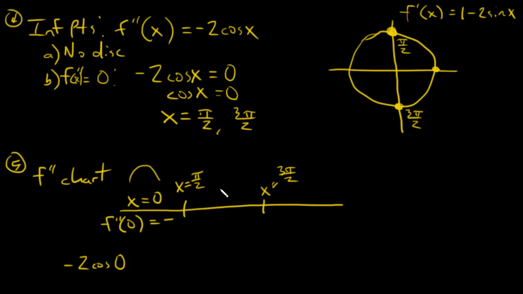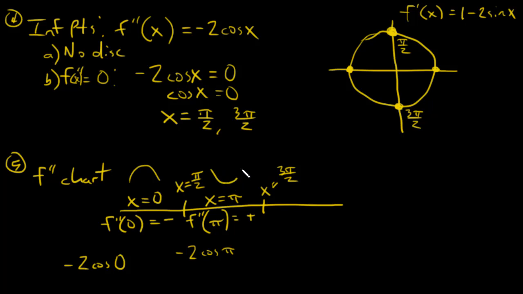Alrighty, now a test value between pi over 2 and 3 pi over 2. How about pi right there? Okay, so x equals pi. F double prime of pi equals, well, again, negative 2 times cosine of pi. Well, cosine of pi, now what is the x value? It's negative 1. So negative 2 times negative 1 is positive.